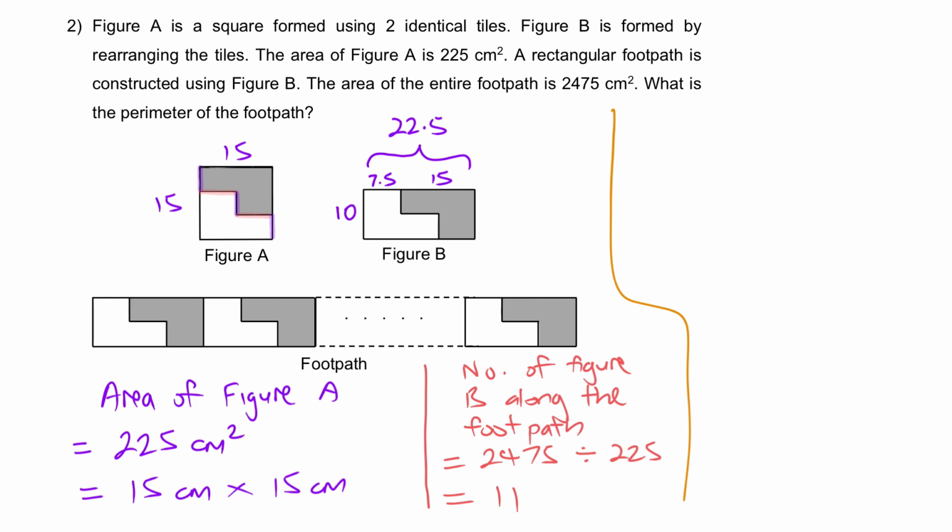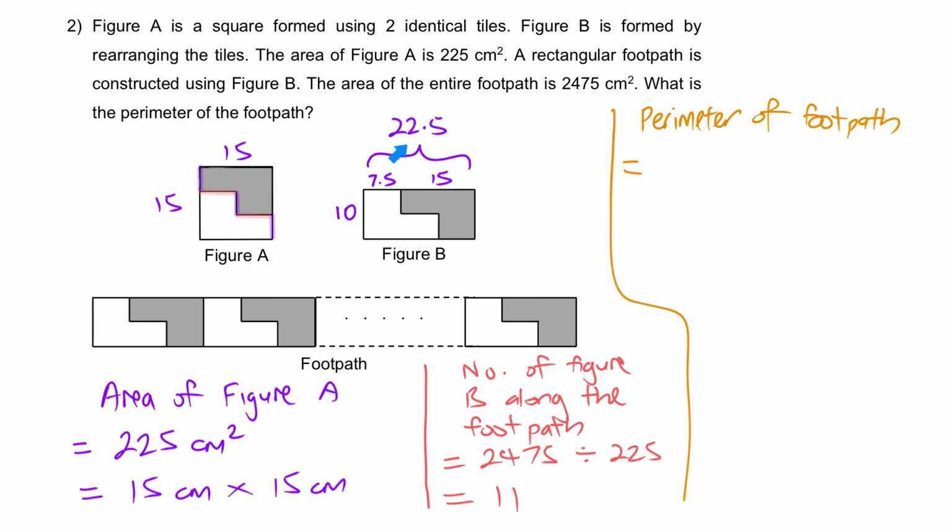So right now we can figure out the perimeter of the footpath, which is equal to, what is the length of the footpath? 11 of this on one side and 11 of this on the other side, plus the 10 cm breadth and the 10 cm breadth.